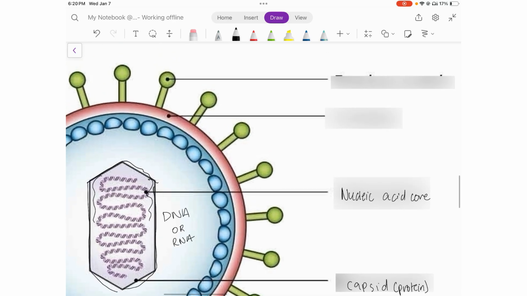Finally, the red part over here is known as a phospholipid envelope. And only some of the viruses possess a phospholipid envelope.